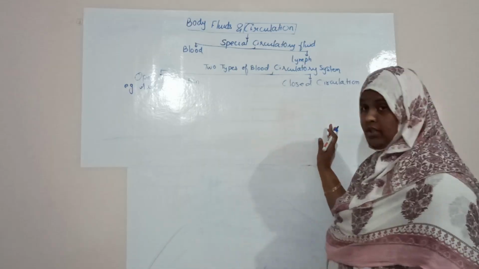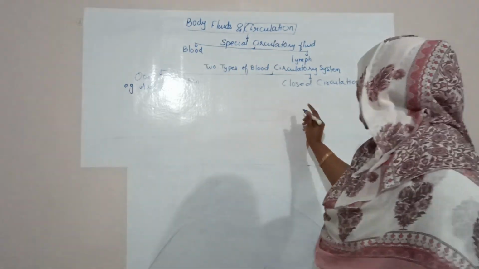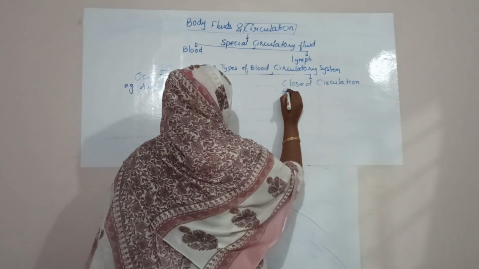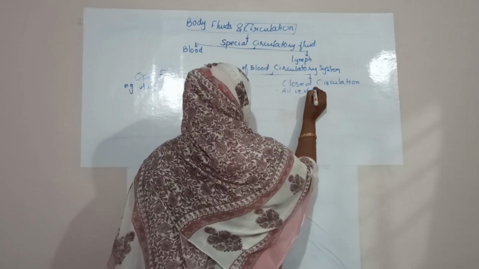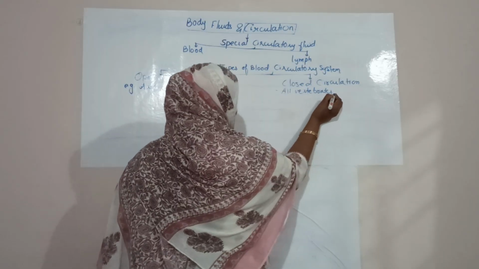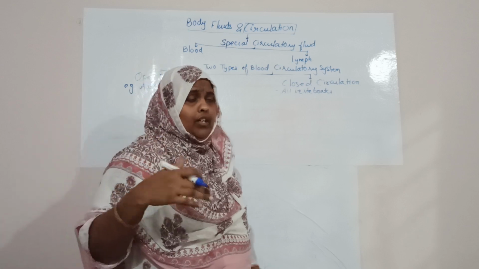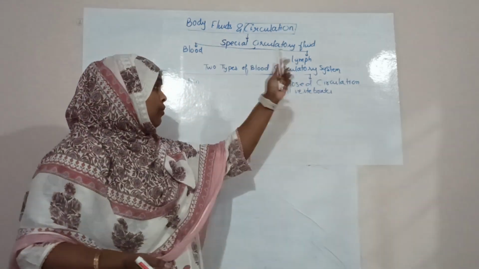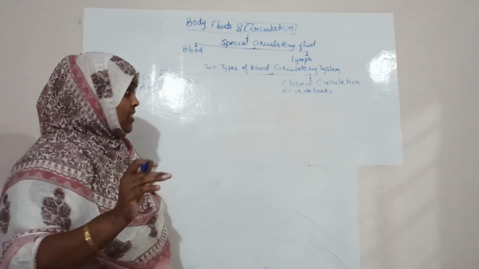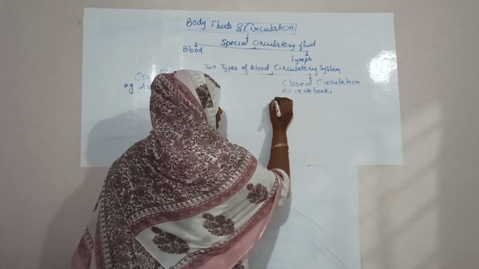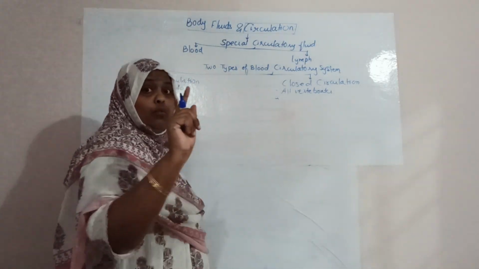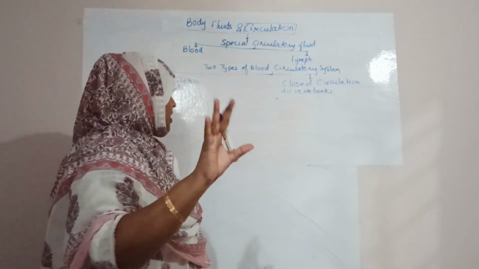Closed circulation is present in all vertebrates. All vertebrates have a notochord and a vertebral column, and they have a closed circulatory system. Second, in some invertebrates also the closed circulatory system is present.